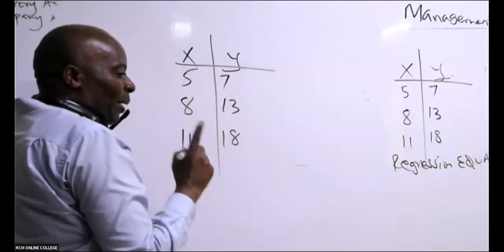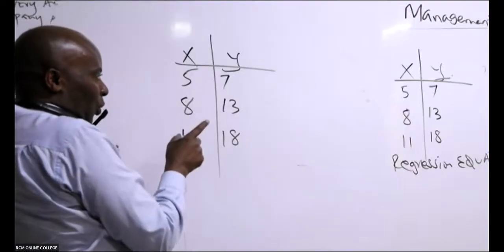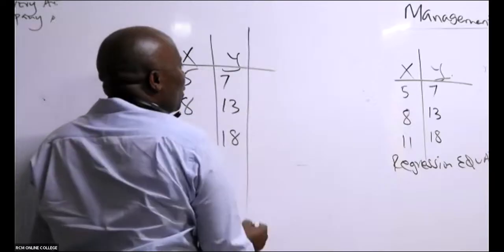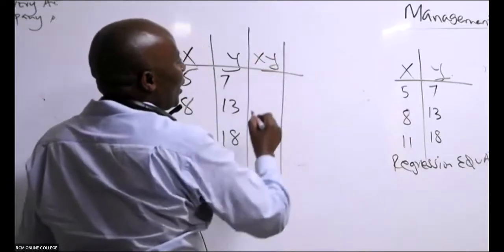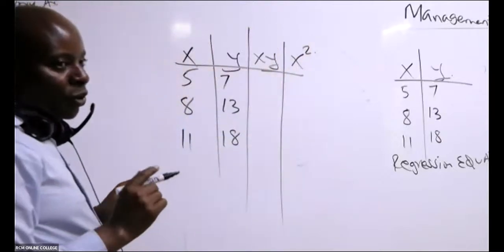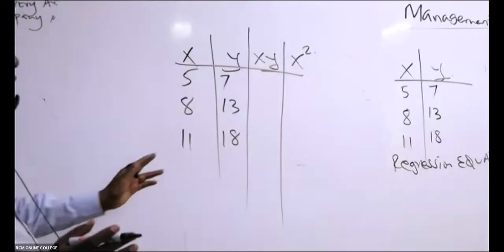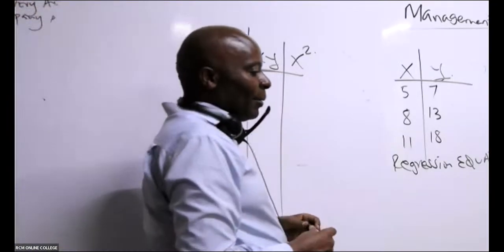Whenever you look at your past papers, we have so much in the form of these regression equations. What you need to do is create 2 extra columns. The first column will be xy, and the second column will be x squared. Those 2 columns are very important. So can you kindly create them and then fill them up?